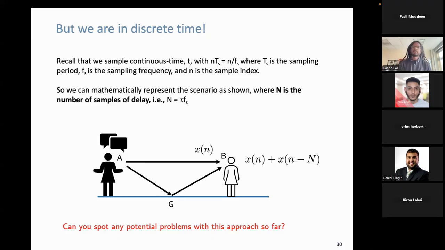But if you have tau times Fs, what you're going to get in most cases, depending on the values you choose, is not an integer value. So sometimes you need to round or floor that value in order to make N an actual integer value. And so that becomes a limitation. Somebody just put that in the chat.